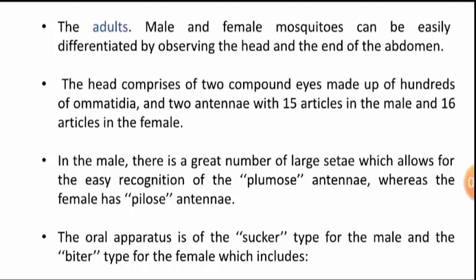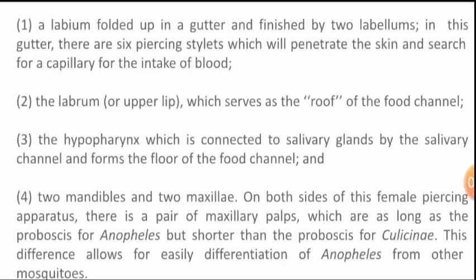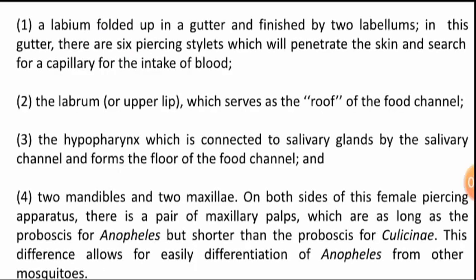In the male, there is a great number of large setae, which allows for the easy recognition of the bulbous antenna, whereas the female has a pilose antenna. And the oral apparatus is of the sucker type for the male and the biter type for the female, which includes number 1, a labium, folded up in a cutter and finished by 2 labella.